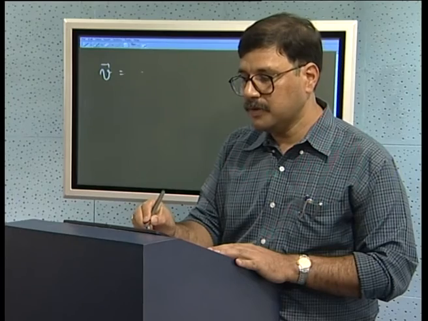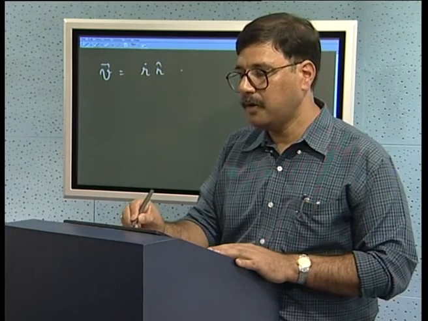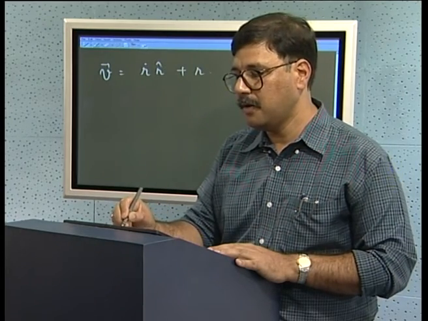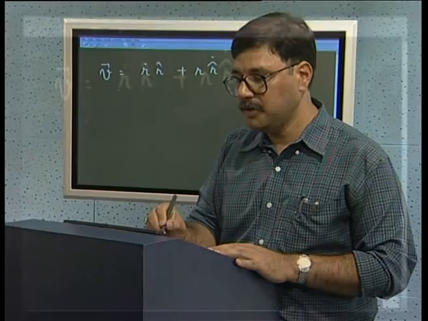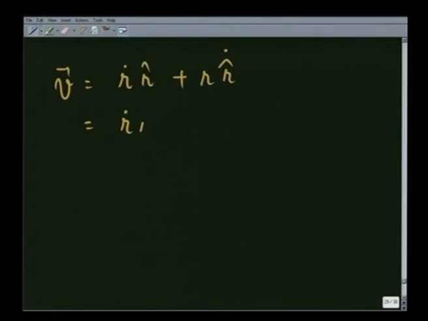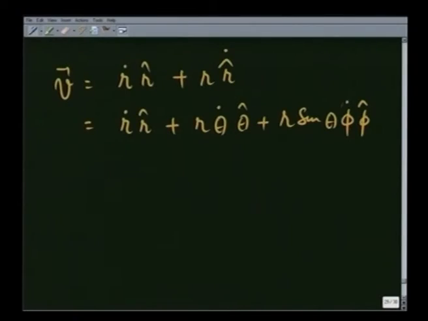Therefore, the velocity, which is r dot r plus r unit vector rate of change, is going to be equal to r dot r plus r theta dot in theta direction plus r sin theta phi dot in phi direction.